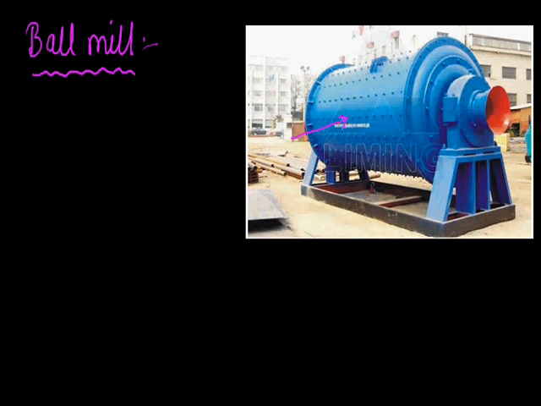So after collision with the balls, the ore particles break down and are converted into very small size, or we can say into powder form. The higher the speed of the apparatus, the smaller the particles formed, and the number or frequency of balls also affects the particle size. So after this ball milling we get the powdered or grinded ore.